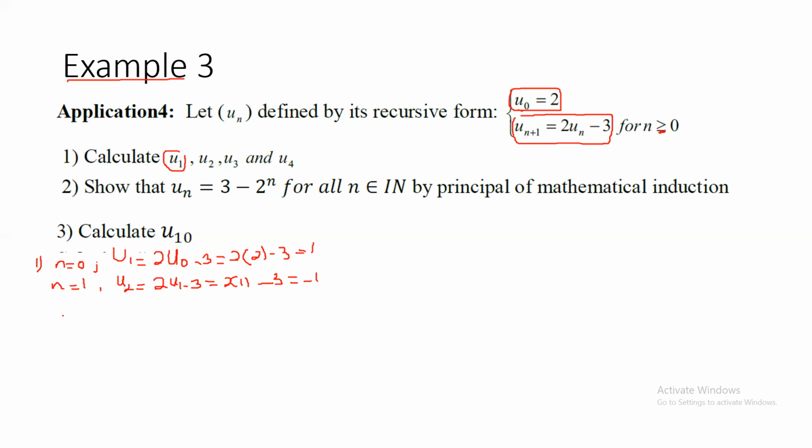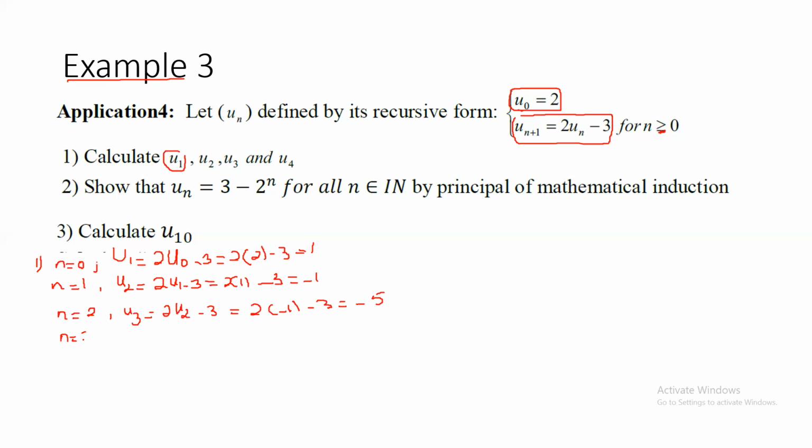For n equals 2, U3 equals 2U2 minus 3, equals 2 times minus 1 minus 3, equals minus 5.